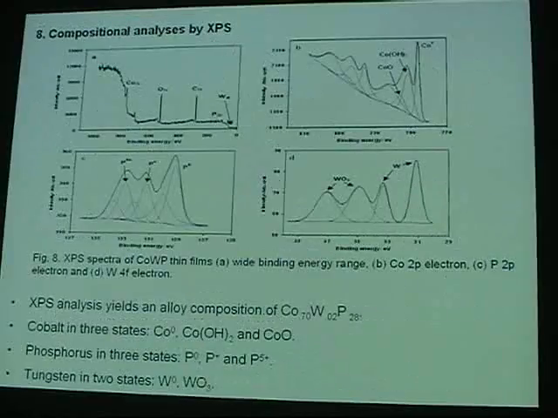Those are the electroanalytical studies, and then we deposited this film, perhaps for the first time, on copper-coated silicon wafer, and this is the composition analysis that we got. We got elemental cobalt, tungsten and phosphorus, and some oxide and hydroxide of tungsten and cobalt as well.